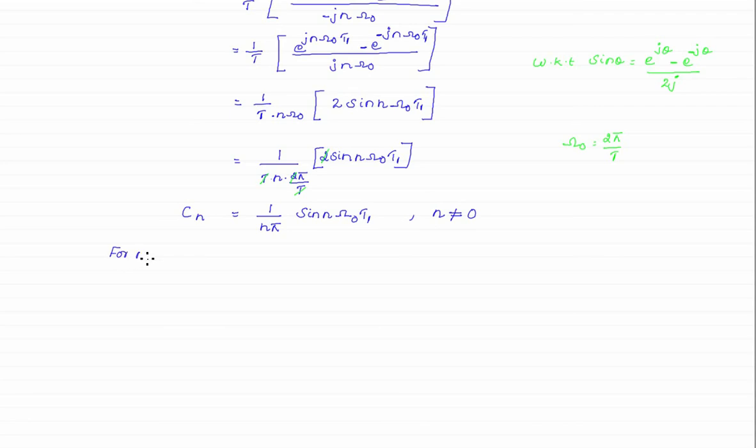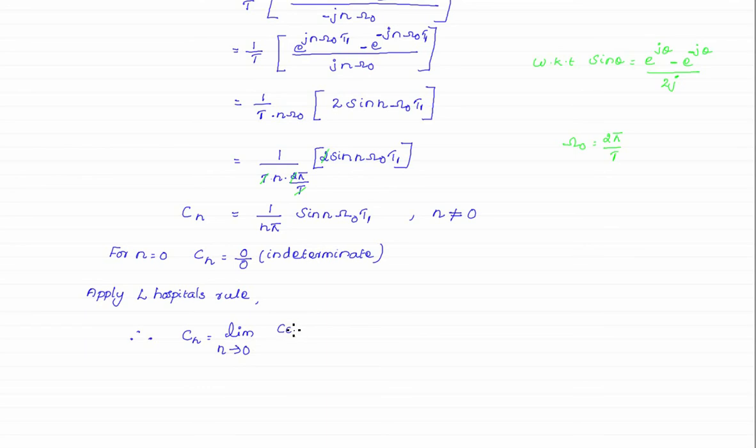When n is equal to 0, Cn is equal to 0 by 0, which is indeterminate. So we are going to apply L'Hospital's rule, where we are going to differentiate the numerator and denominator separately with respect to n, and we are going to apply the limit n is equal to 0.